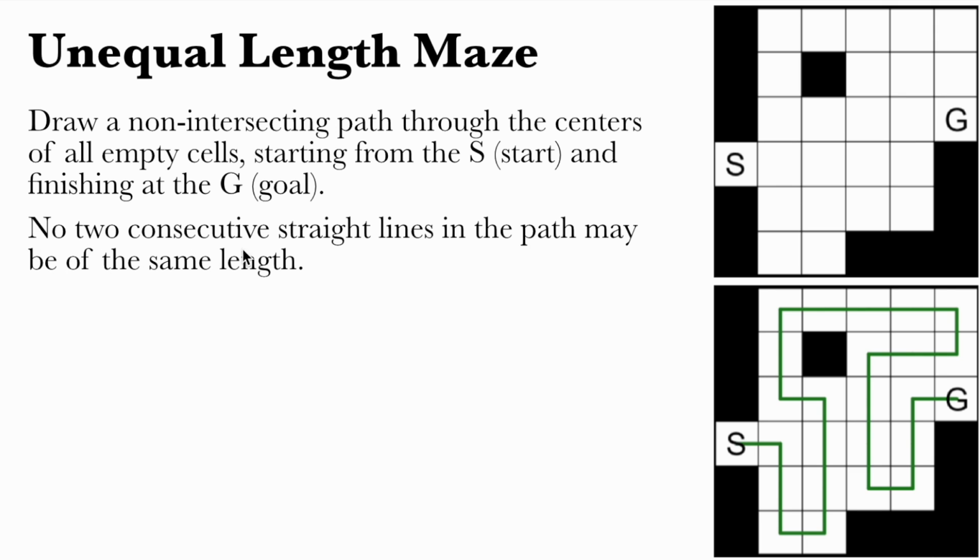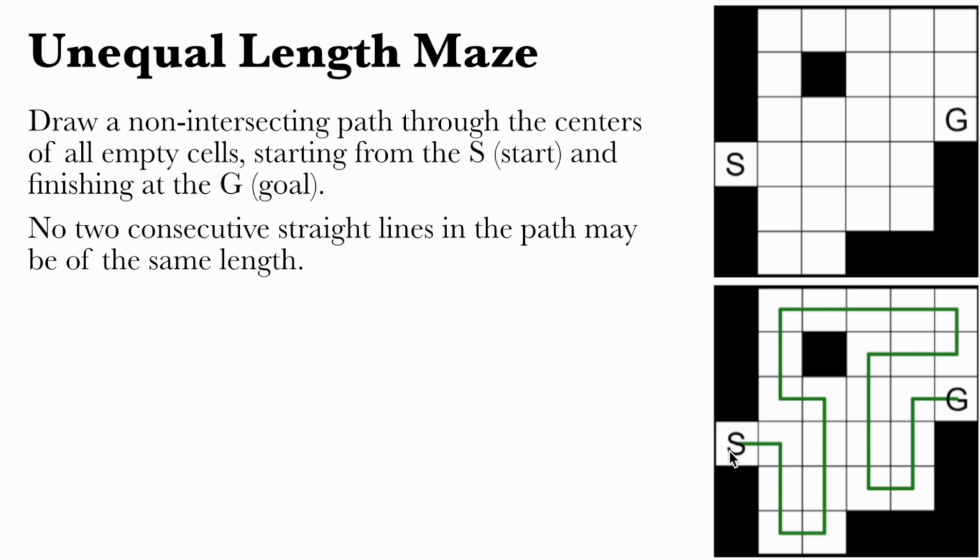No two consecutive straight lines in the path may be of the same length. So that is just a restriction that says, since this path segment here is of length 1, then the following one can't be of length 1. It's of length 2, where we're counting length as the length of the path itself.